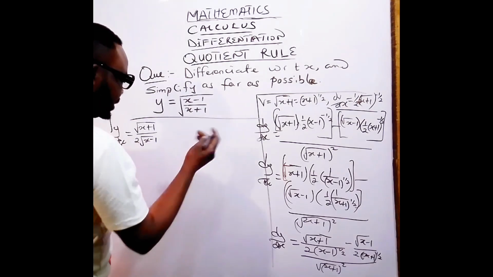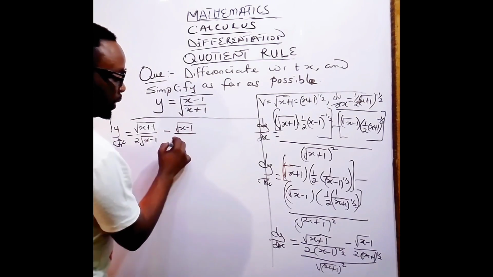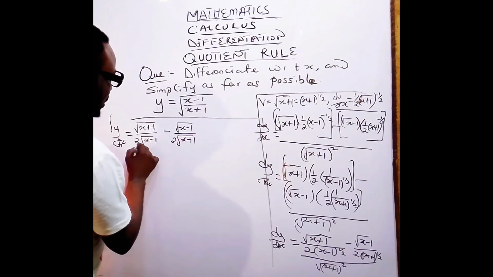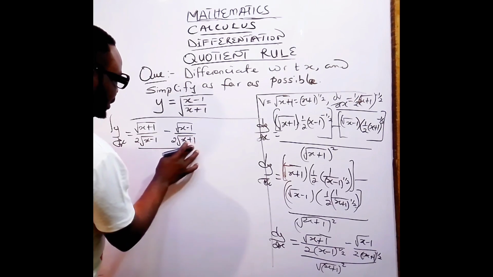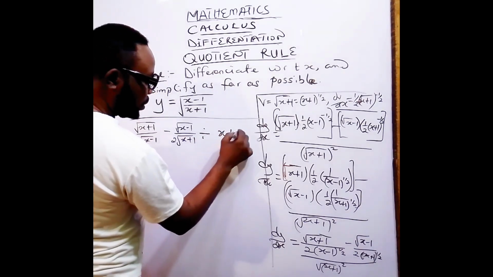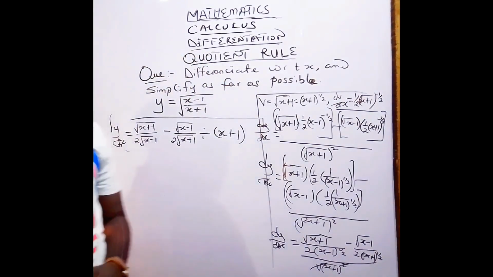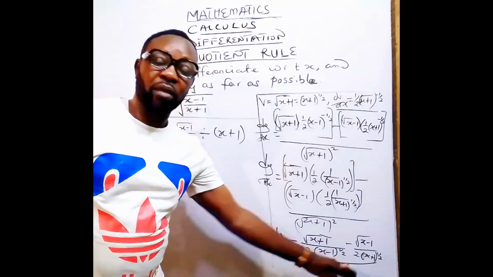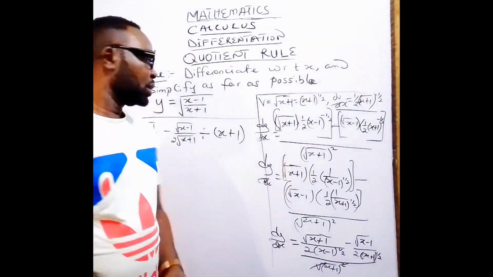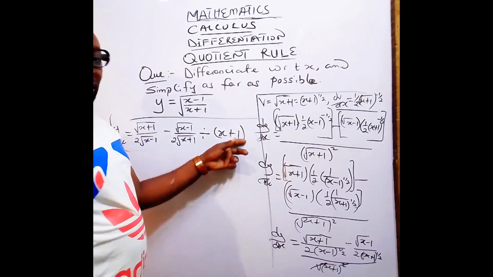Good. Now y can be well simplified. All over root x minus 1 over 2 root x plus 1, or let me just say divided by x plus 1. Yes, this has cancelled this. Wherever you have a square root and a square on a single term, they will cancel each other out. That is why we are able to cancel this, and this one turns to become just x plus 1.